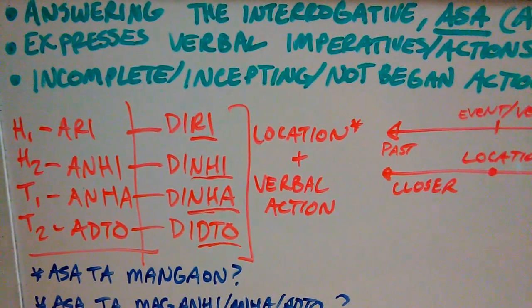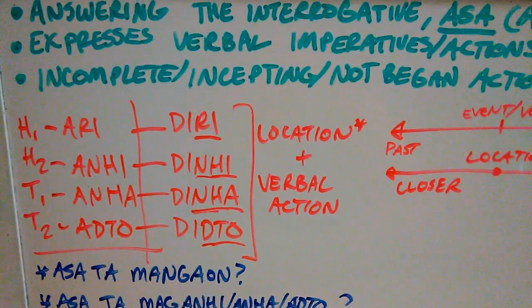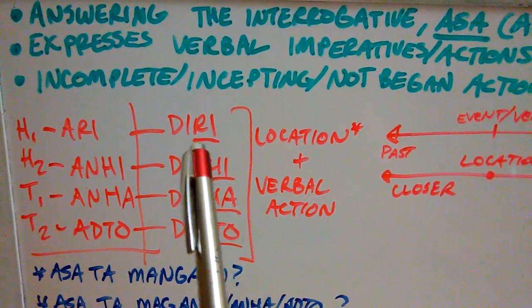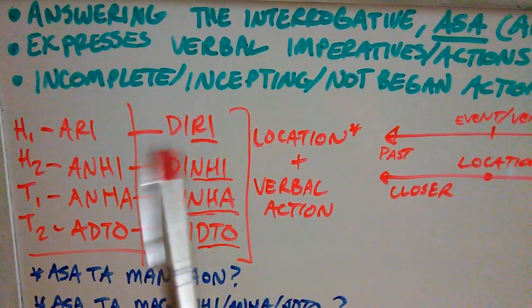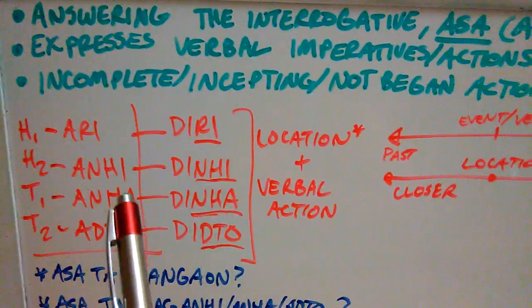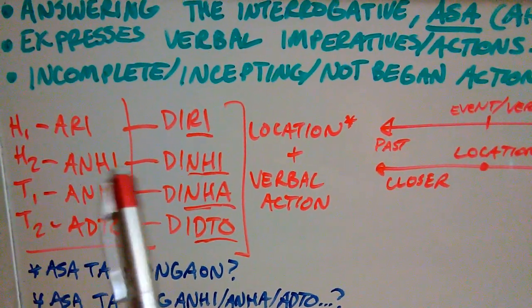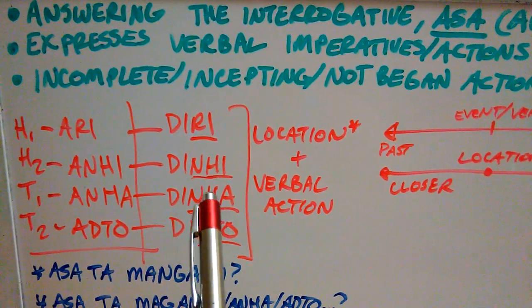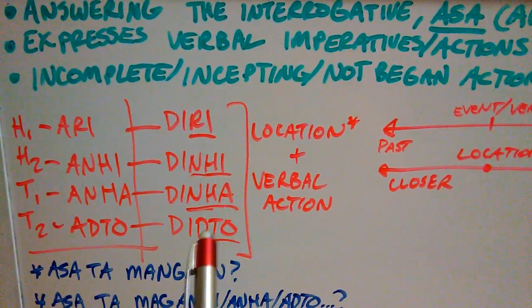The key here is rhythm and rhyme does the time. So here, Ari can take the location of diri and only diri and diri's derivatives, right? Anhi, the same thing. Anhi for dinhi, anha for dinha, and addo for diddo, right? The nhi, nha, ri, and do.